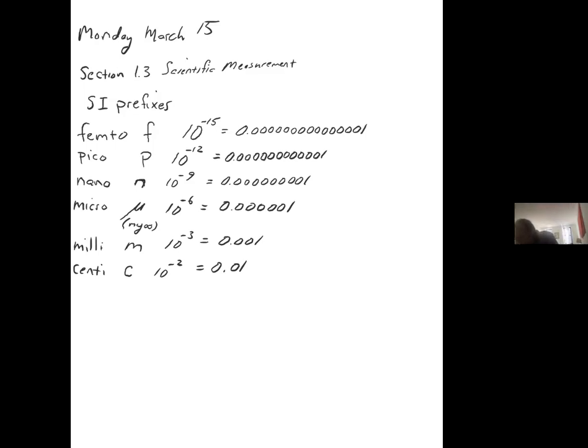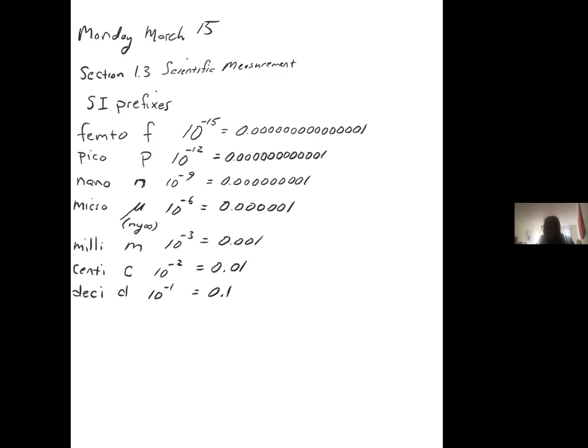And then we have Deci, lowercase d, which is 10 to the minus 1, and that's 0.1. Okay, so these are just letters or words that represent numbers. So just like 1,000 is 1000, right? We use these prefixes to represent numbers.